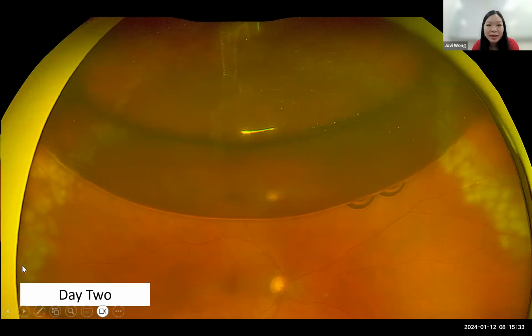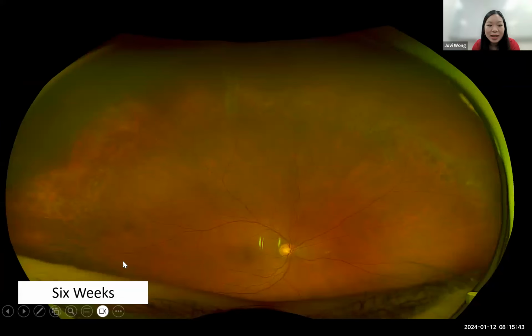And here on day two, we have already completed the laser. So you can see how big the tear really was and how the gas is supporting it. Then at 6 weeks, you can see the gas has been reabsorbed and the retina's nicely attached. These are the laser scars that you can see, spanning the extent of the tear.